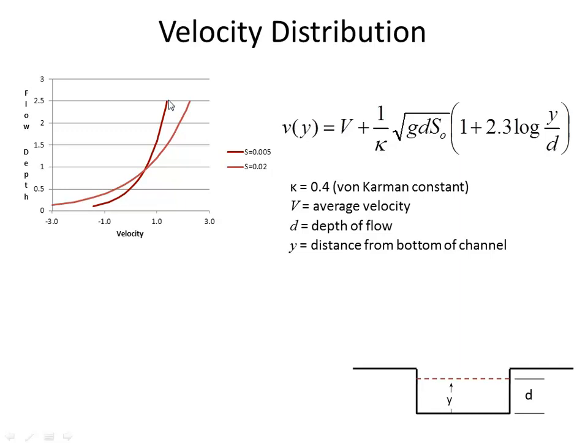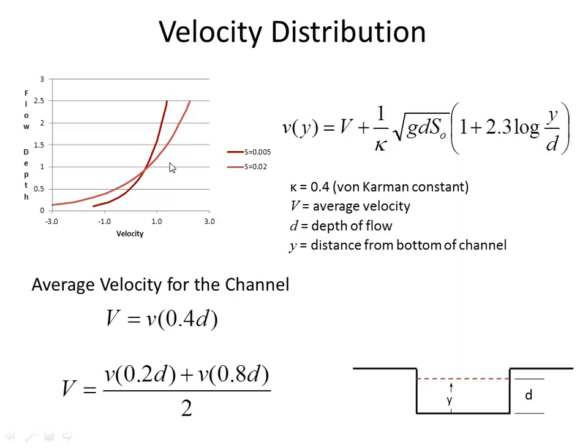If you had a 0.5% channel, then graphing the velocity distribution equation, and then for a steeper channel, you can see that it's going to have a more pronounced front where the velocity is higher up at the top than it is down beneath.